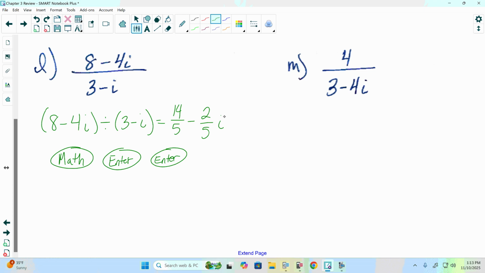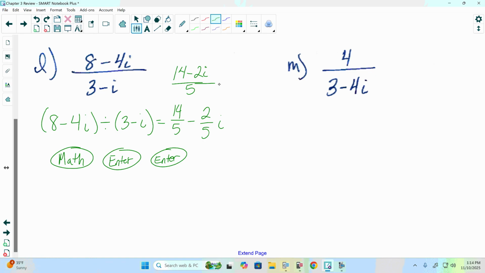Now, the answer key for the review gives us this here, 14 minus 2i all over 5. They are the same answer. It's just the calculator broke it up into 2 fractions instead of 1.